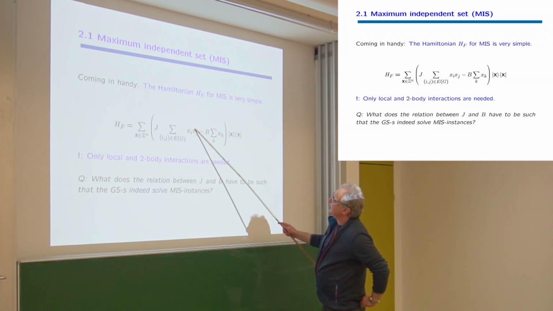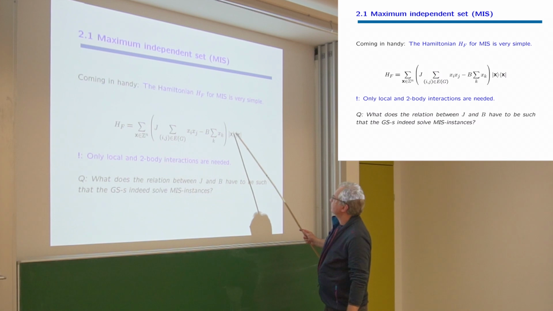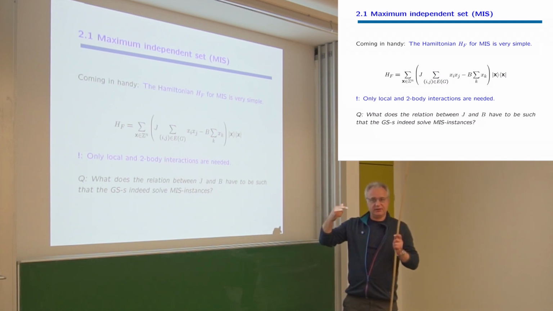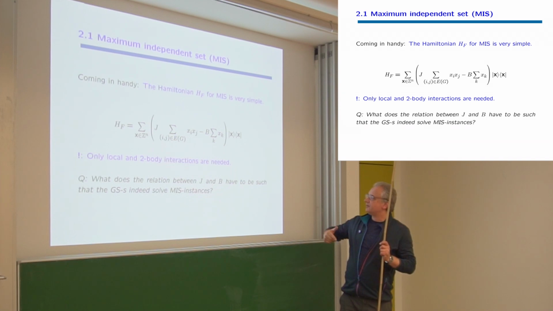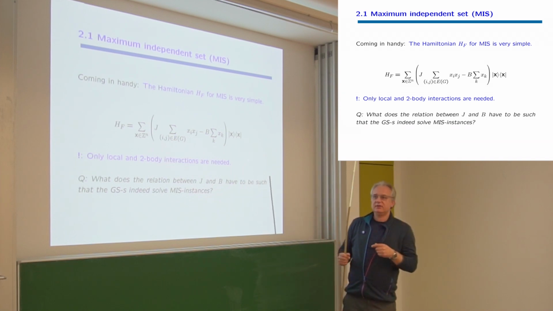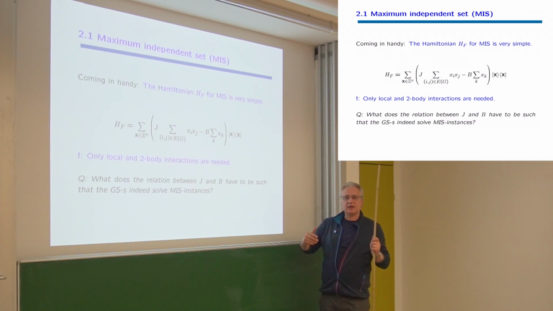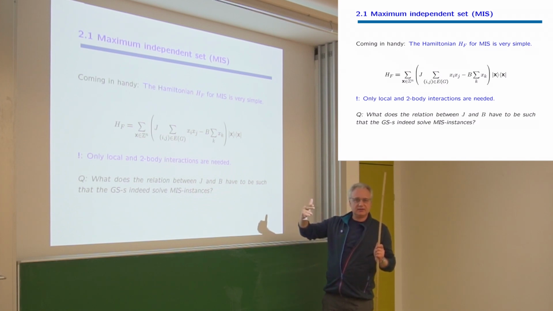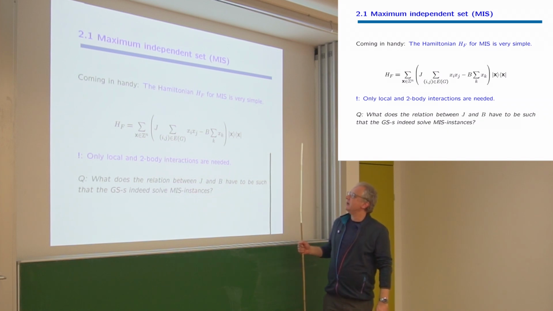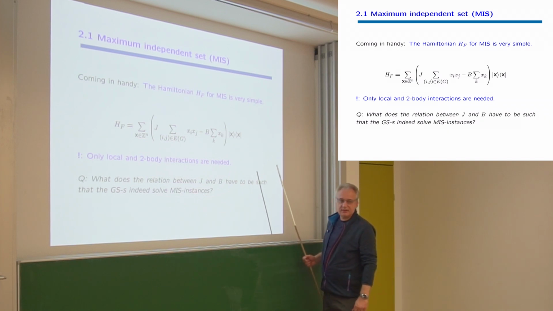So here x is our bit string, an indicator function for the set. If component x_i of this bit string is 0, this means the corresponding vertex is not in the set, and if x_i is 1, then it is in the set.